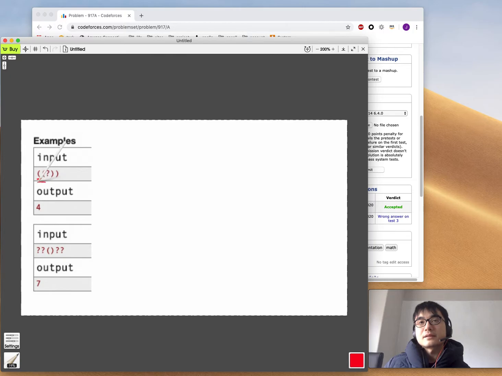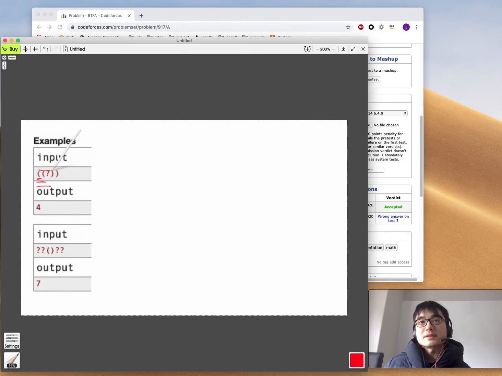And this one, two left parentheses, is not valid. And this one with the question mark, no matter what we replace the question mark with, it won't be valid, so it's also invalid.